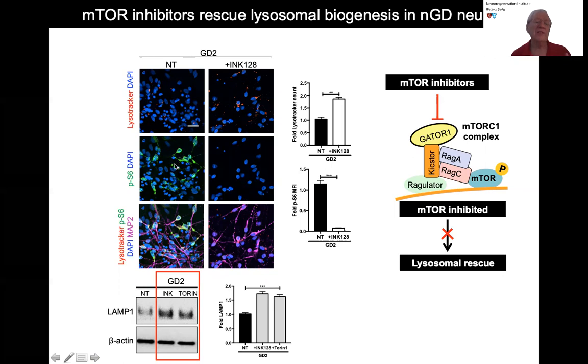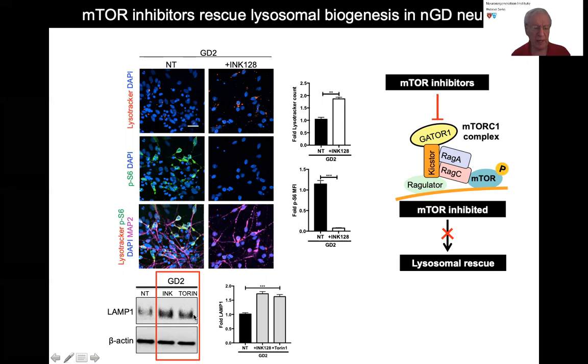Here, there is a lot of phospho-S6 in the untreated GD2 cells, but we can decrease it substantially when we use the inhibitor. This is shown quantitated here. When one goes up, the other goes down. And this is a recurring theme in my talk today.